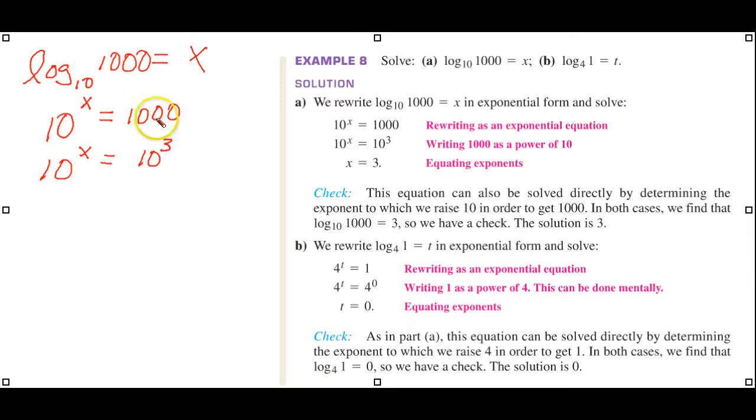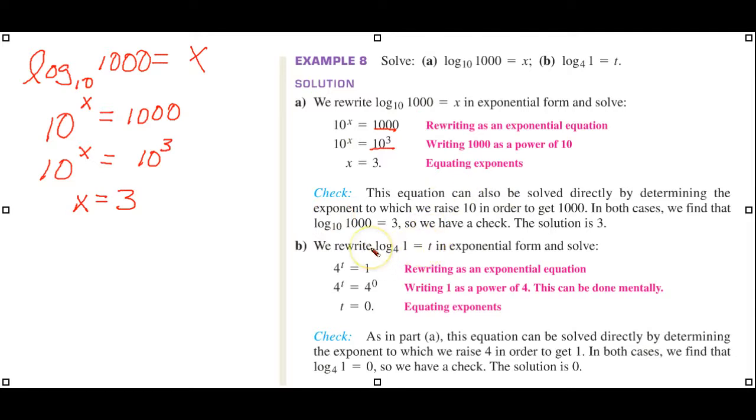Well, we put the 1,000 into its exponential notation, 10 to the third. So now we have a 10 and a 10. Our bases are the same, so our exponents equal each other. Now that was an easy one. Again, you had to know that this was equal to that, and it does check.